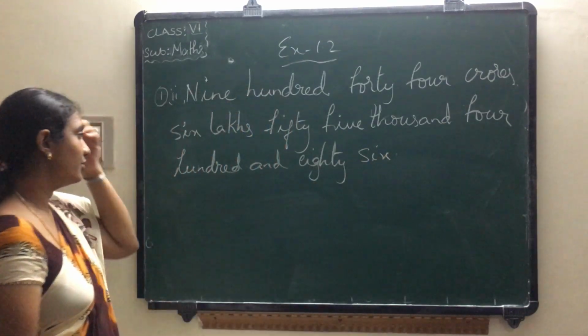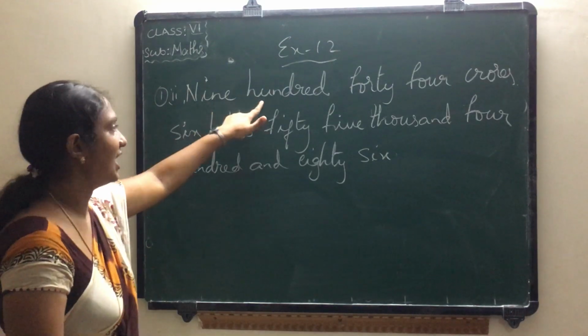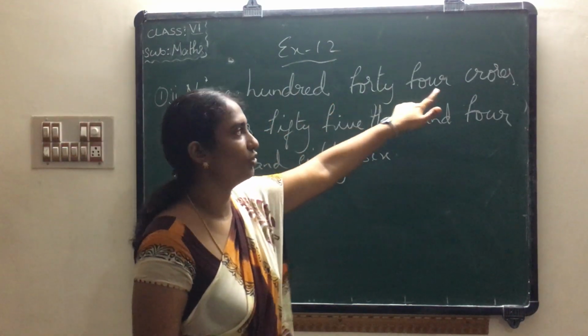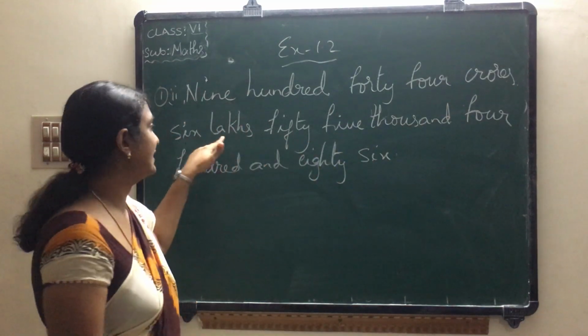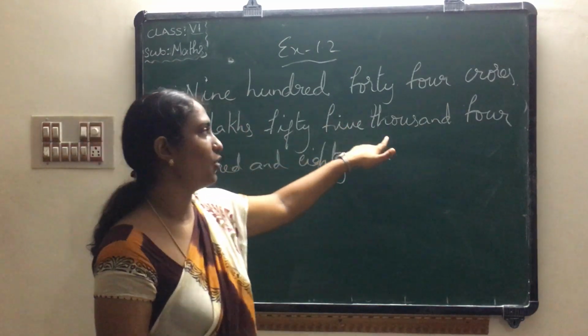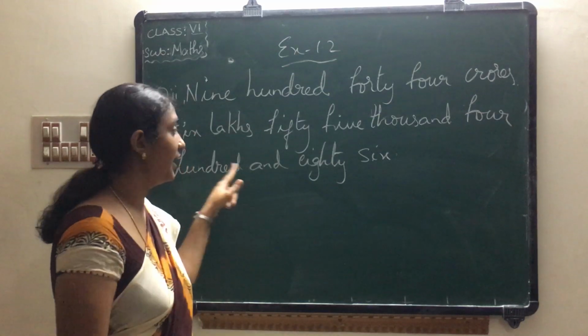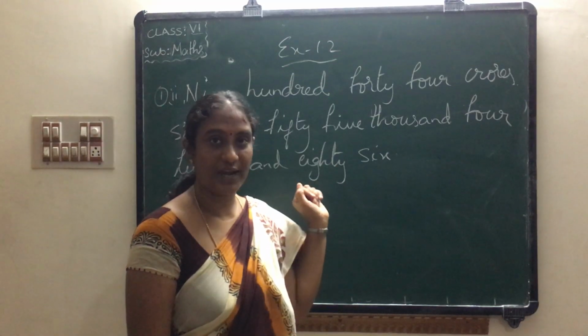Okay, now see the sum. 944 crores, 6 lakhs, 55,486. Now write the place values.